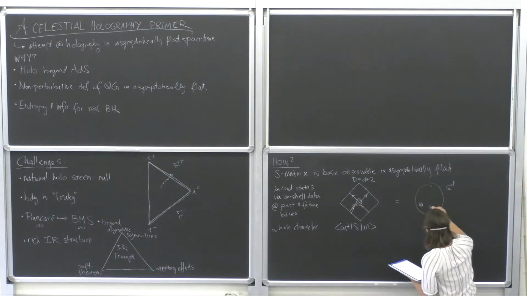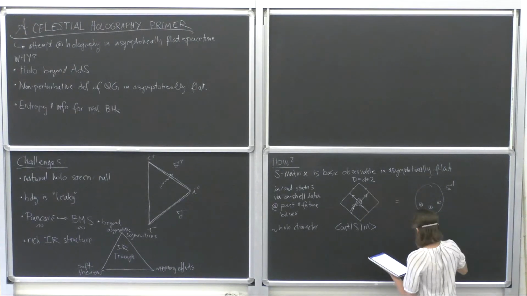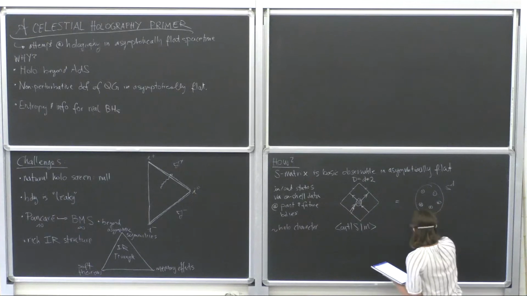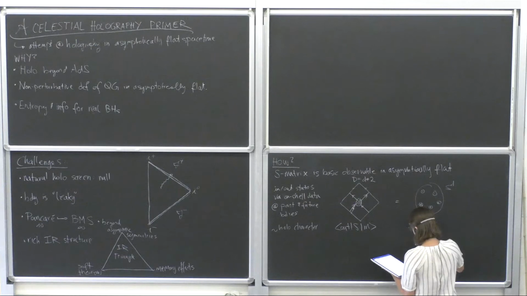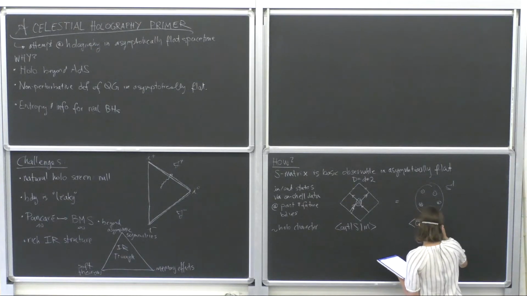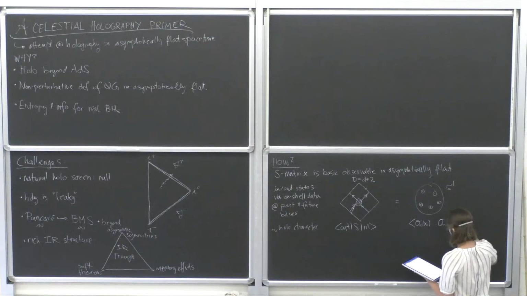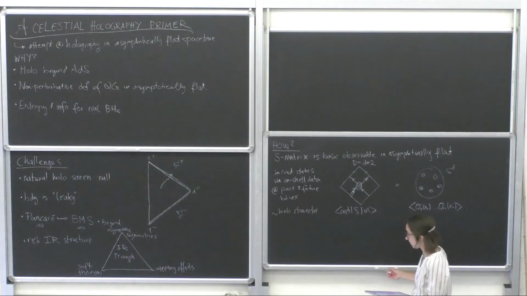They will correspond to insertions of operators on the sphere that lives at the boundary of the spacetime, and then here a bunch of outgoing particles. And we will see that we can write the S matrix as such a correlation function of operators inserted at points on the sphere. I haven't explained to you yet how this works, but this is what we will find.